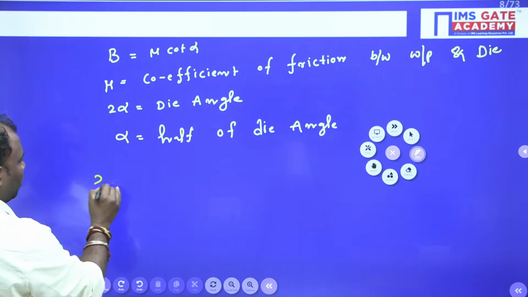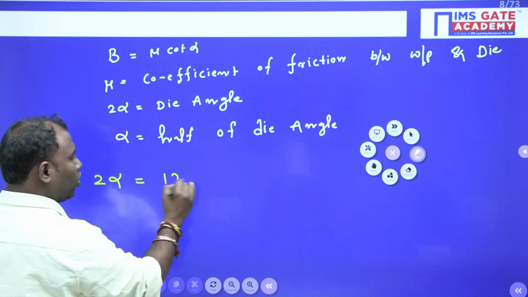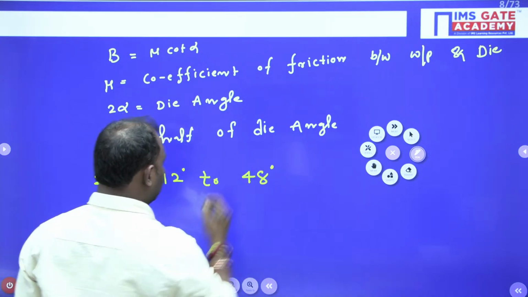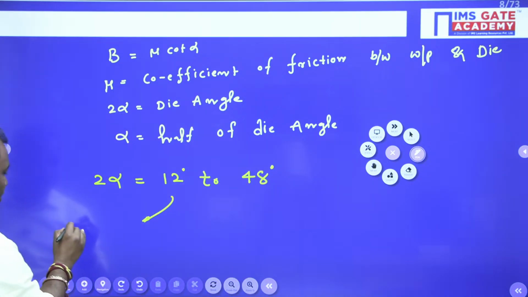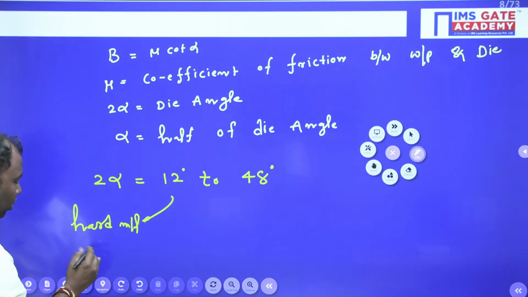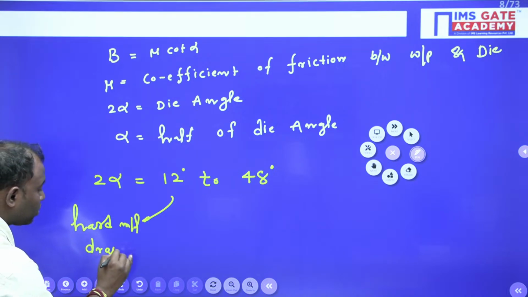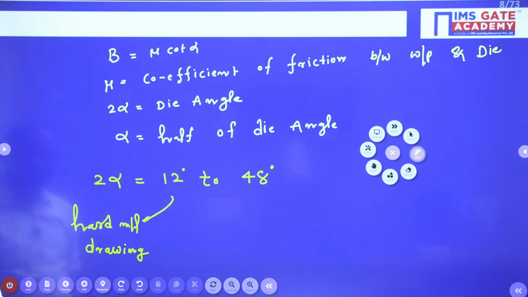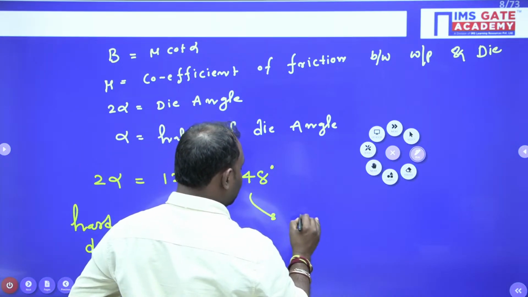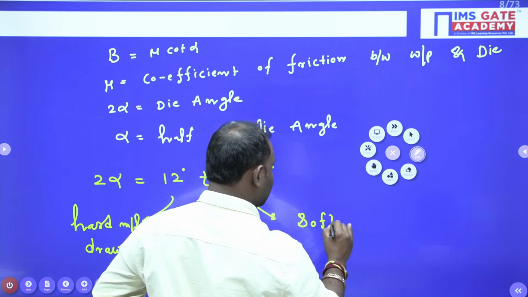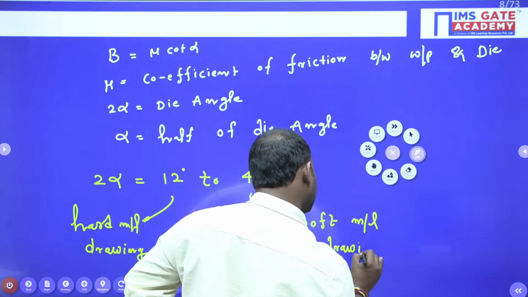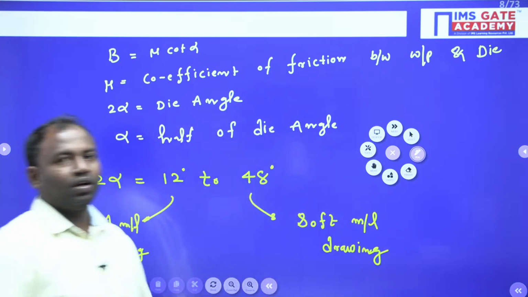Here 2 alpha varies from 12 degrees to 48 degrees. Okay. Now this 12 degrees is for hard material drawing. So if your workpiece material is very hard, then you use a very small alpha. Okay. Now 48 degrees is for soft material drawing, isn't it, guys? This is what happens, right?